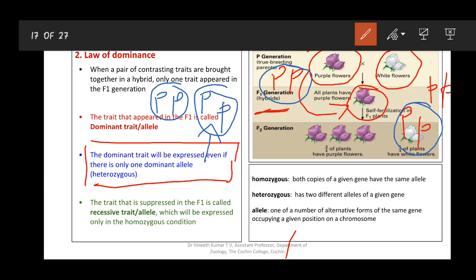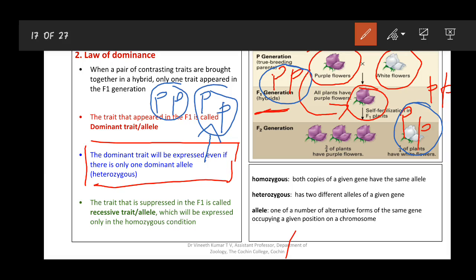So a dominant phenotype, or dominant character, or dominant trait can be seen in an individual under two conditions or two genotypes: if the individual is homozygous and if the individual is heterozygous. The trait which is suppressed in the F1 is called the recessive trait, and recessive traits can be expressed only in one condition, because there is no heterozygous condition for a recessive one.